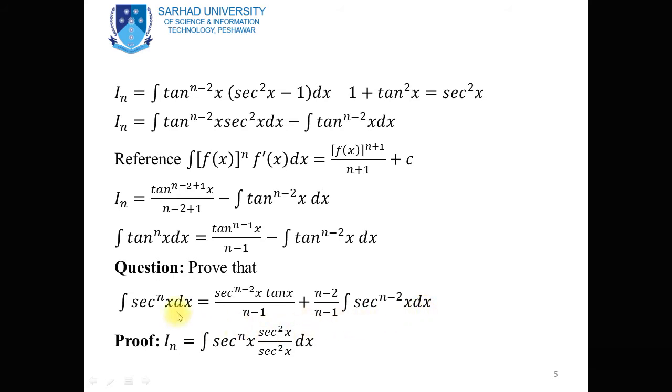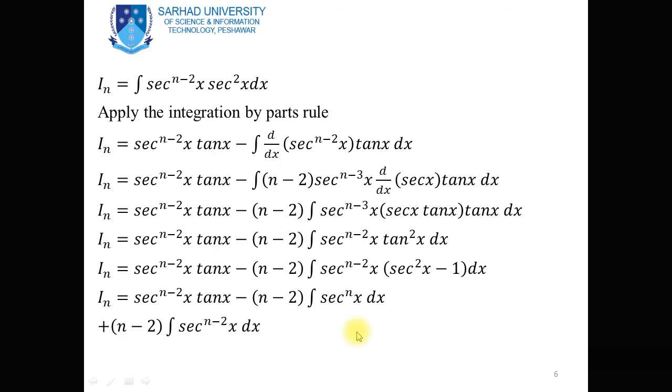Now suppose this integration is equal to In, and multiplying by secant square x, now shift this secant square x to the denominator, we obtain secant^(n-2) x into secant square x with respect to x, like you see over here. Now again the integration by parts formula.